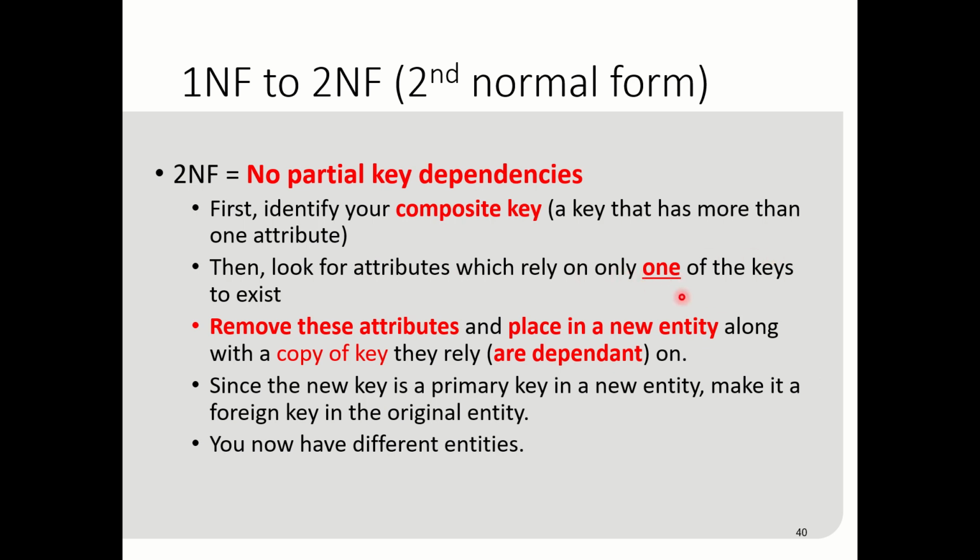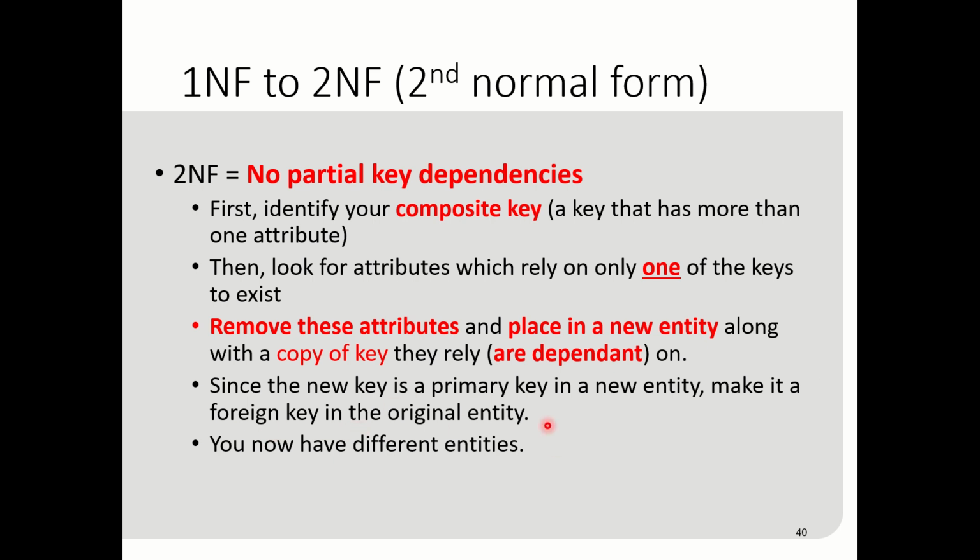Your primary key is a combination, but one of the non-key attributes is dependent only on one part of the primary key, not both. Now remove these attributes and place them in a new entity, and keep a copy of the key they depend on in that particular table. And since that key is the primary key in the new entity, make it a foreign key.